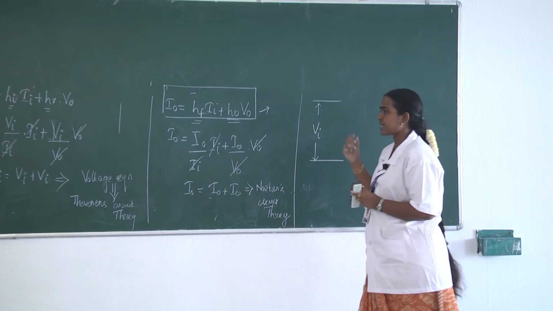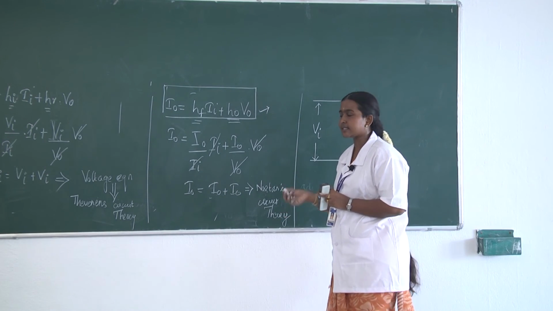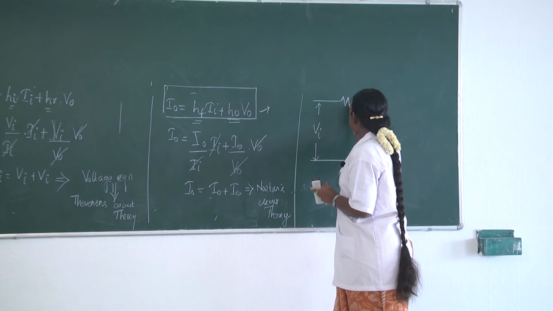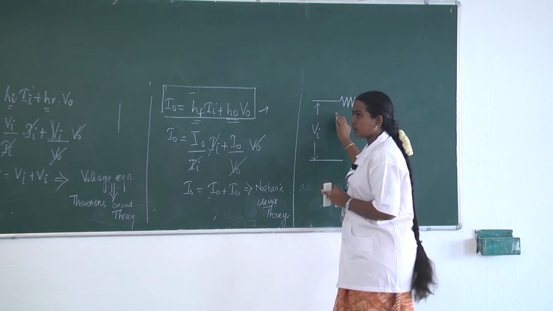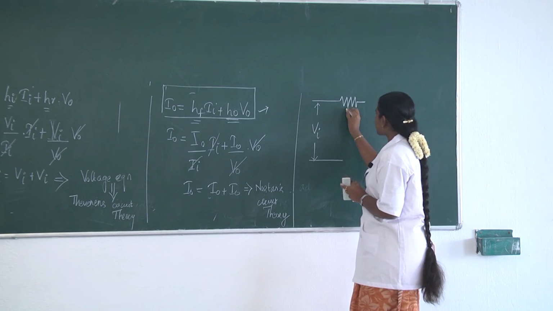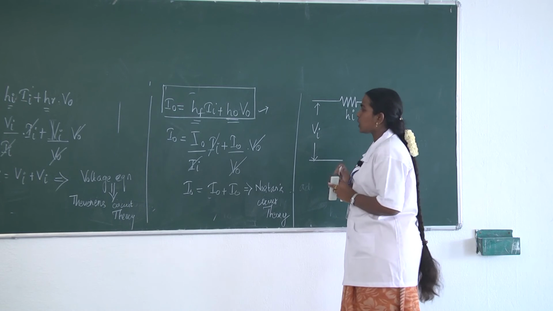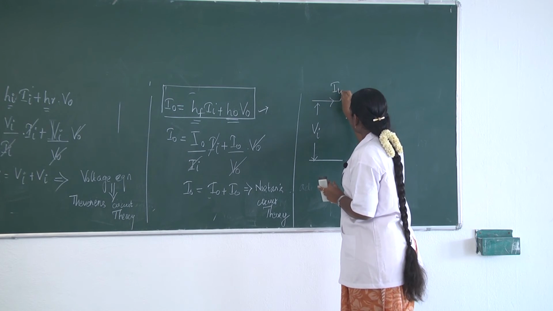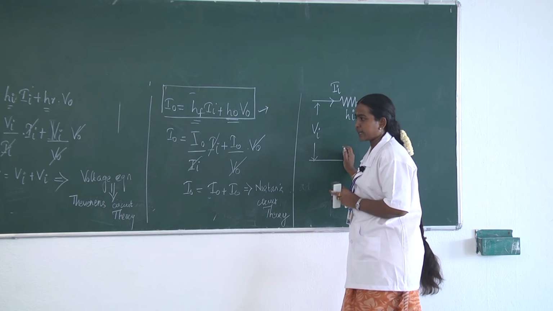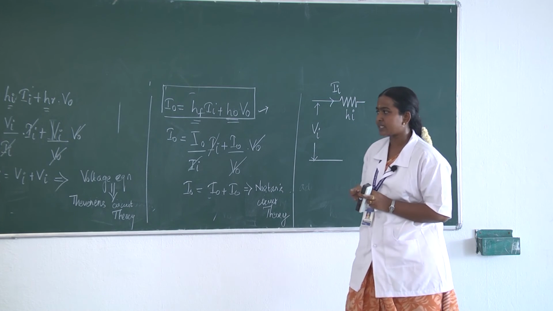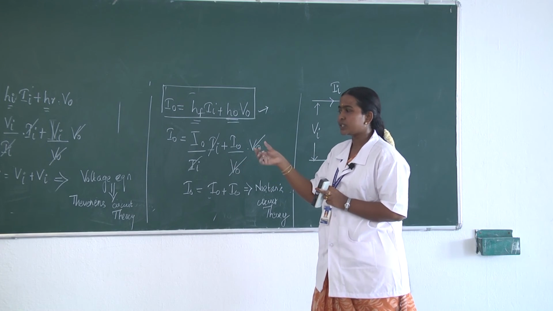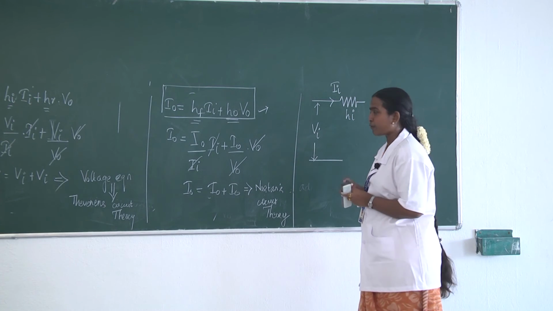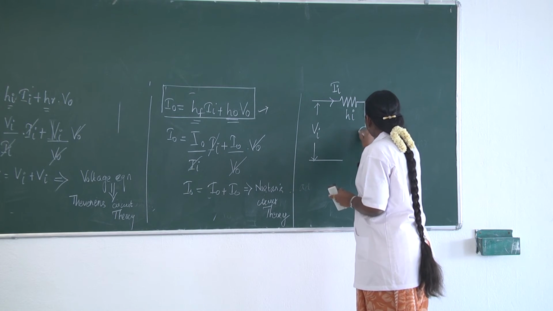We know that Hi is nothing but the input resistance, and a resistance is usually represented in this form, so we can write this as Hi. We have a current through this resistance, which is Ii, the input current. After that we have Hr into V0, which is a voltage, and we are going to represent that in the form of a voltage generator.